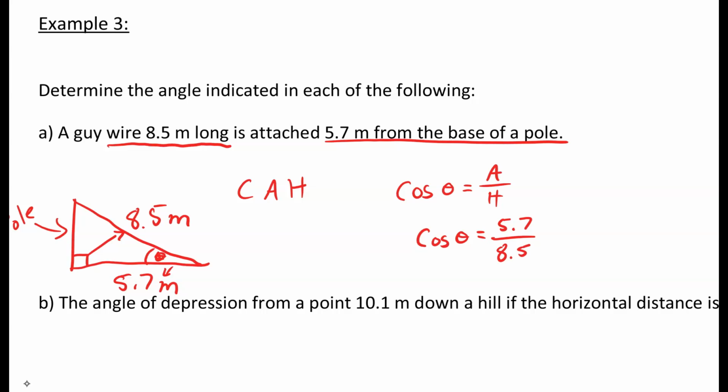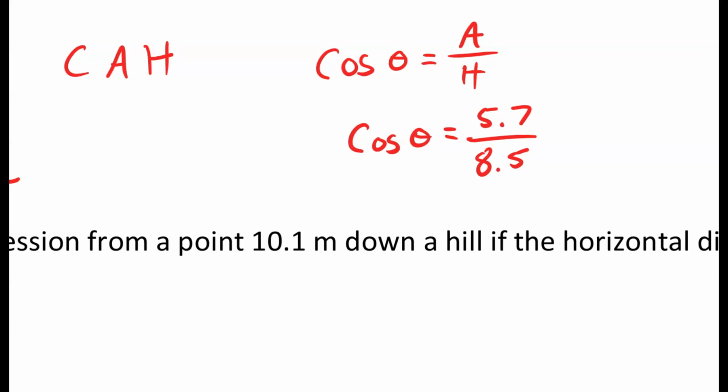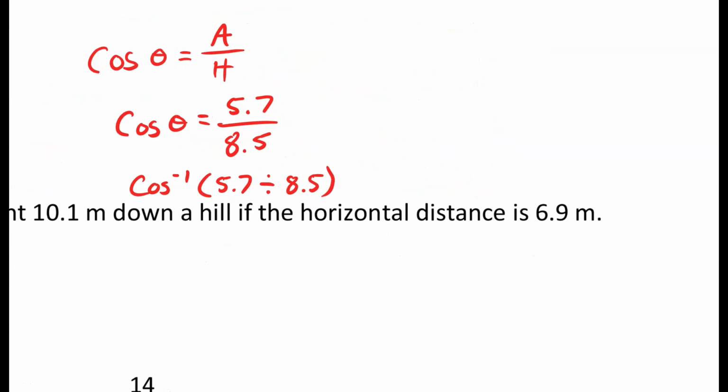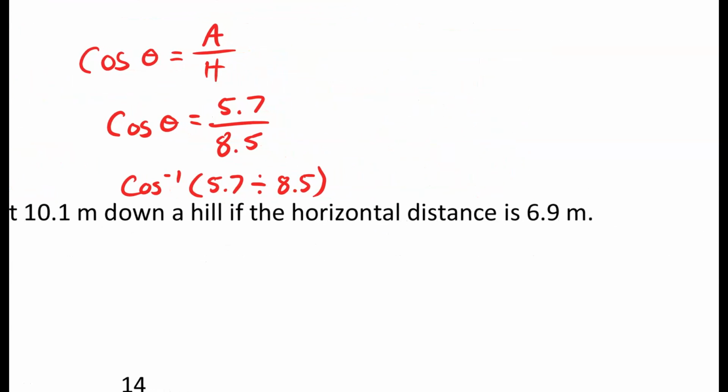Now we want to do that inverse again. So we're going to have cos^-1, then in brackets 5.7 divided by 8.5. Remember, those brackets are key. If you don't have the brackets, you're going to get the answer wrong.